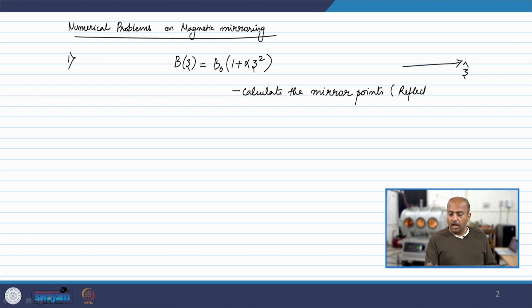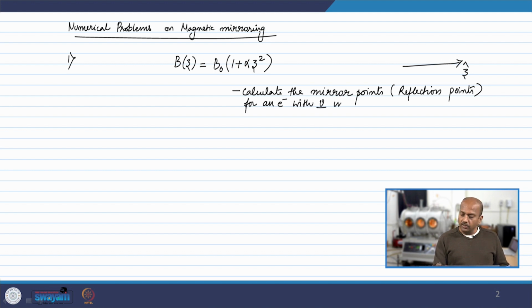Where the reflection will happen, the reflection points, for an electron with a velocity v, initially at z equals 0. So the electron is imagined having a velocity v which is present at z equals 0.